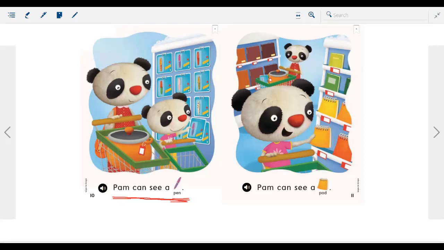All right, let's read page 8. Pam can see a pad. Did you hear the P in pad? Let's read it again. Make sure you're pointing to each word. Pam can see a pad. Good job.